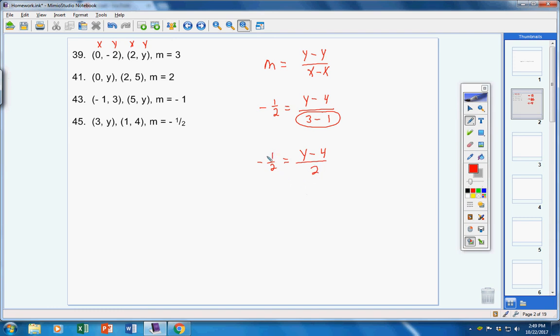Now, I have two fractions. They both have a denominator of 2. So let's multiply the entire equation by 2. 2 over 1 times 1 over 2. Your 2's would cancel, leaving you with 1 over 1, which is 1. A positive times a negative is a negative.